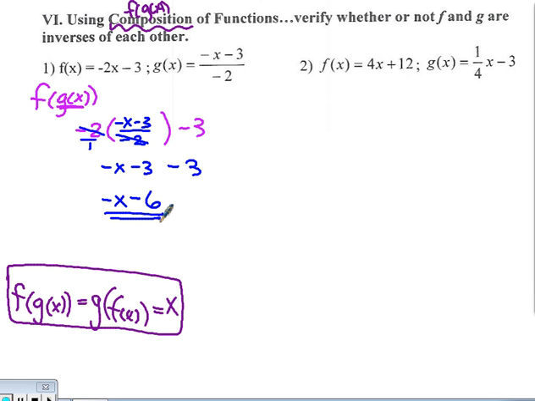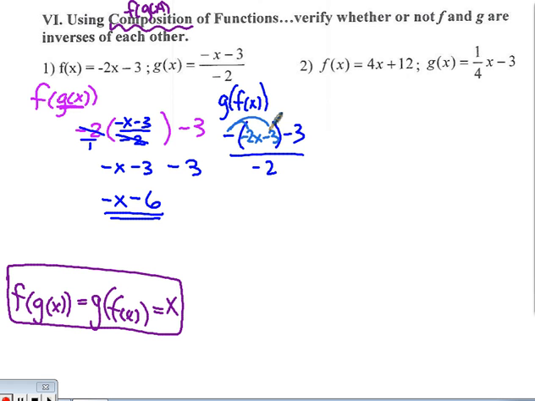I might want to double check and just plug f into g just in case I made a mathematical error there. So let's say g of f. So we're going to plug f into g. The opposite of that, minus 3 over negative 2. And we're going to plug negative 2x minus 3 in.